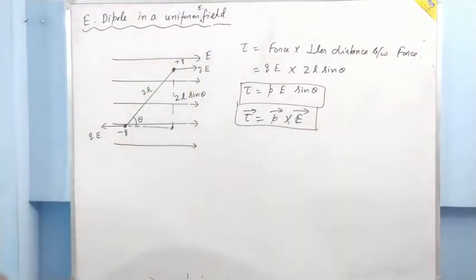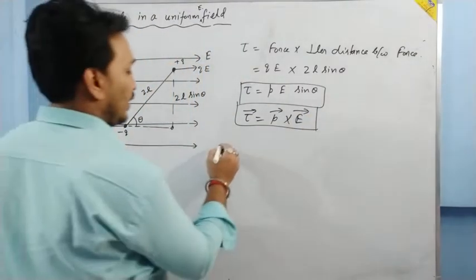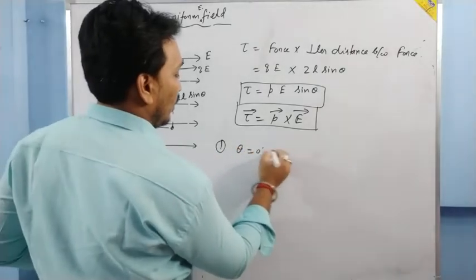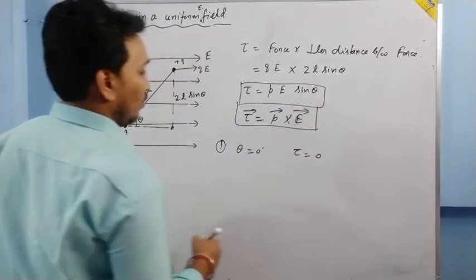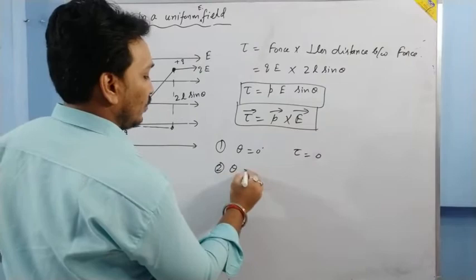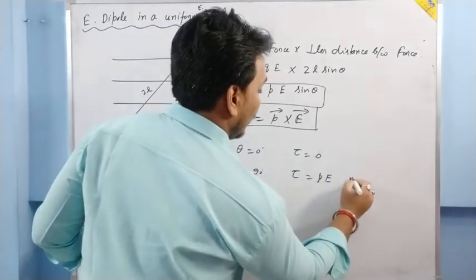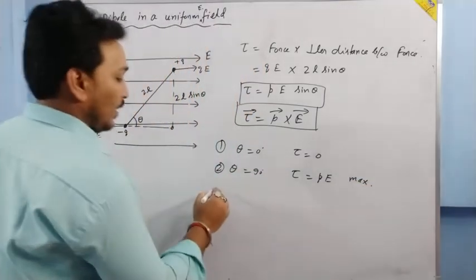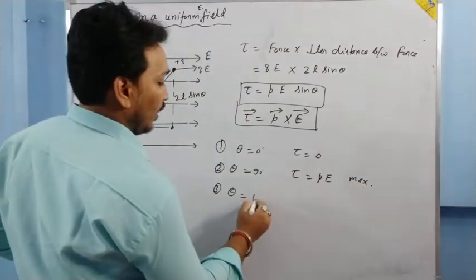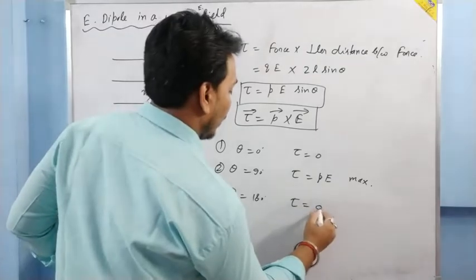For different values of theta: if theta is equal to 0 degree, torque will be 0 because sine 0 is 0. If theta is equal to 90 degree, then torque is equal to PE, which is maximum. And if theta is equal to 180 degree, then also torque becomes 0.